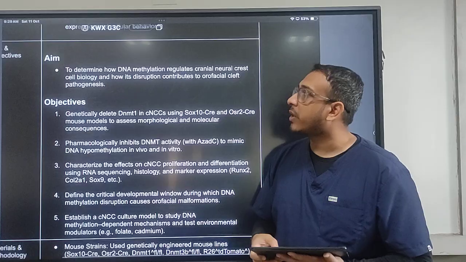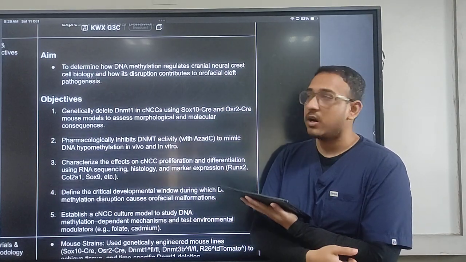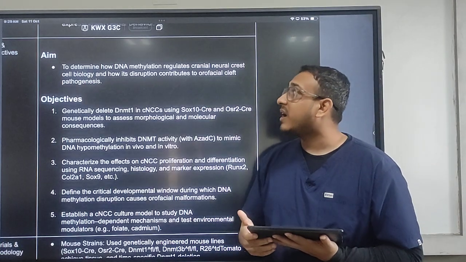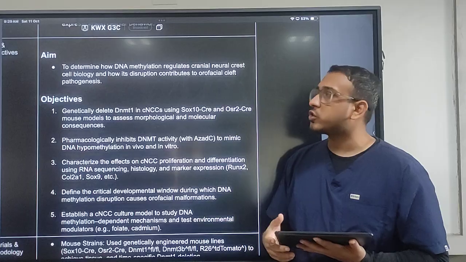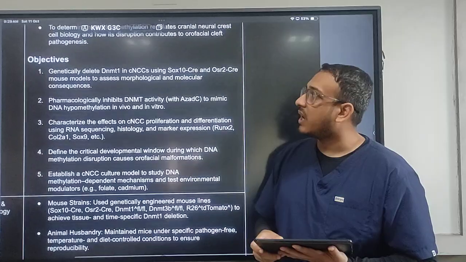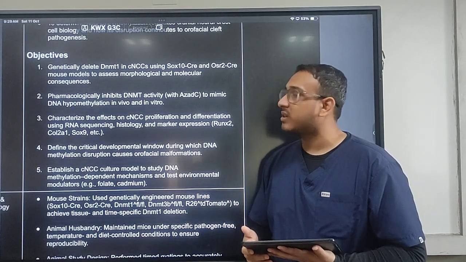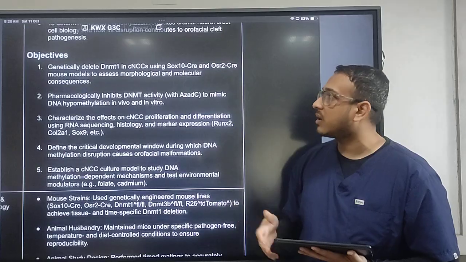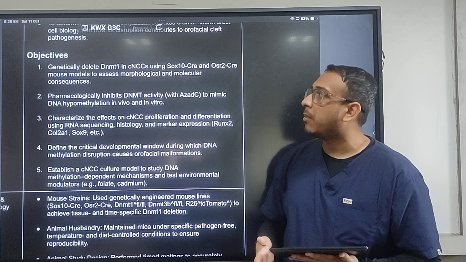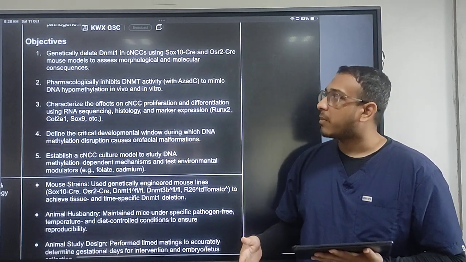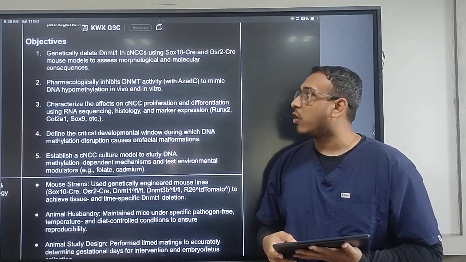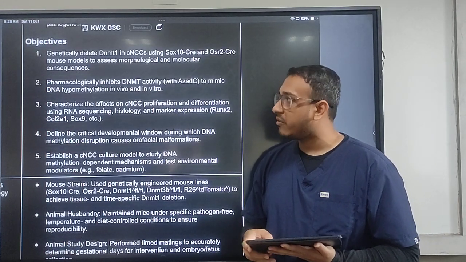Their aim was to determine how DNA methylation regulates cranial neural crest cell biology and how its disruption contributes to orofacial cleft pathogenesis. As the objective, they genetically deleted DNMT1 in CNCCs using these recombinant mouse models to assess morphological and molecular consequences. They also pharmacologically inhibited DNMT activity to mimic DNA hypomethylation in vivo and in vitro.